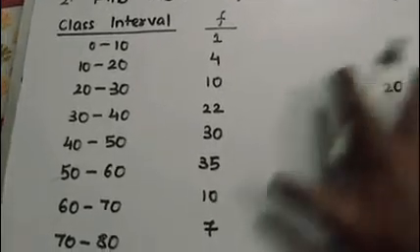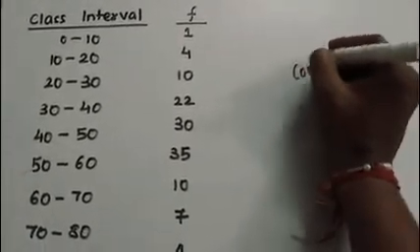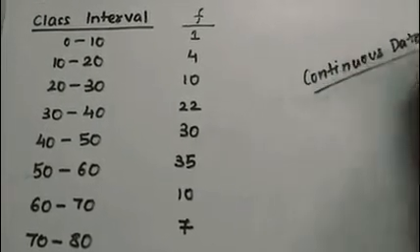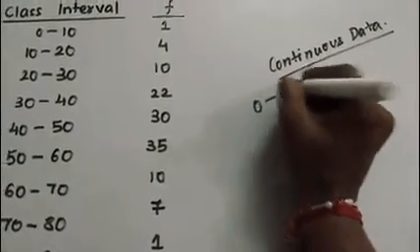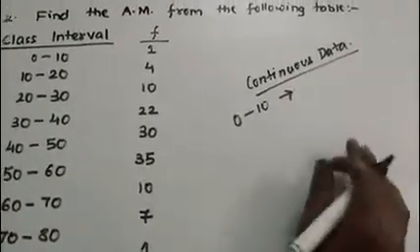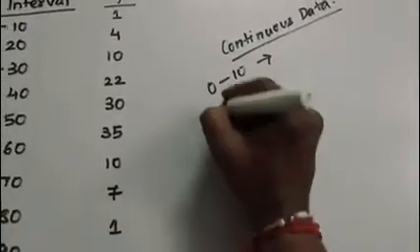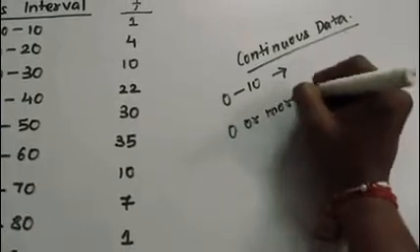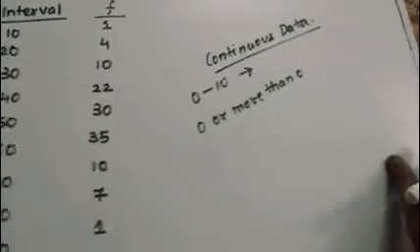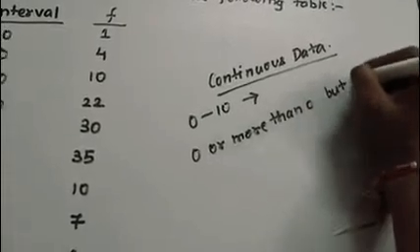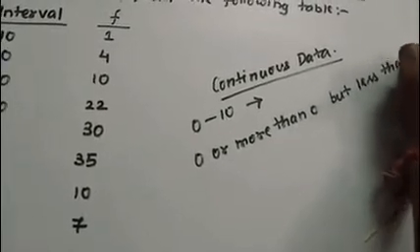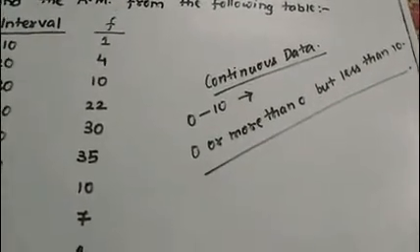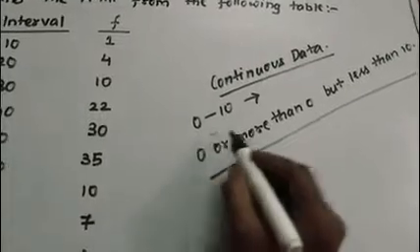Okay, now for continuous data, the nature of the class interval is like that. If I am saying 0 to 10, that means under 0 to 10 those numbers will come which are either 0 or more than 0 but less than 10. Just focus on this. In continuous data, that type of number is included in the interval.